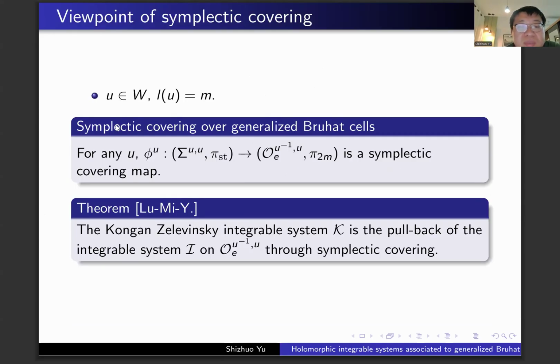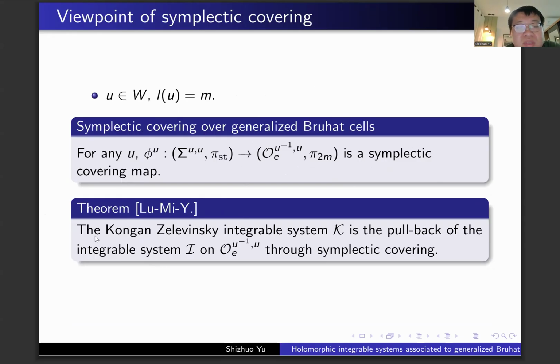Once we have this symplectic covering, everything becomes easier, because we just need to take a single Weyl element W, and we can get a symplectic covering map.